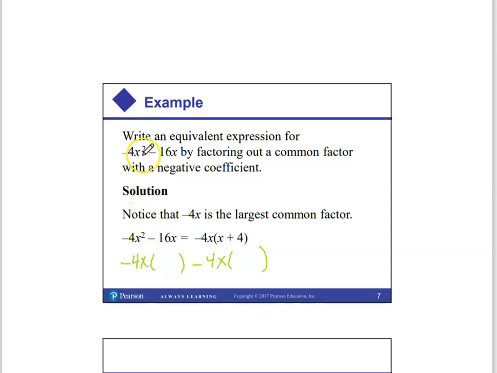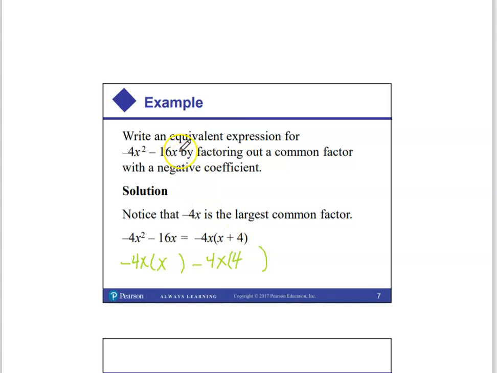If we take an x out of x squared, we're still left with an x, because x times x would give us back our x squared. If we take a negative 4 out of negative 16, this is going to need to be a 4, so that negative 4 times 4 would give me negative 16.